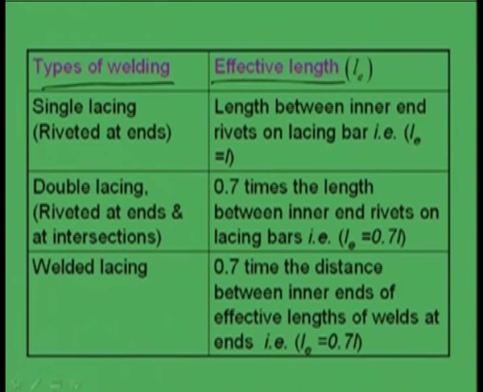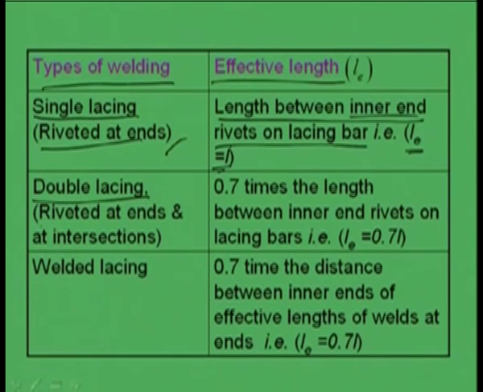Suppose in case of a single lacing system with riveted ends, the effective length will become L, where L is the length between inner end rivets of the lacing bar. And for double lacing riveted at ends and at intersection, it will be 0.7 times the length between inner end rivets on lacing bars.